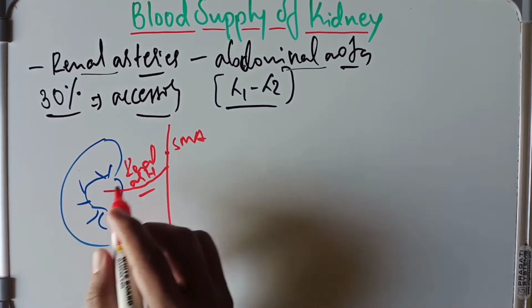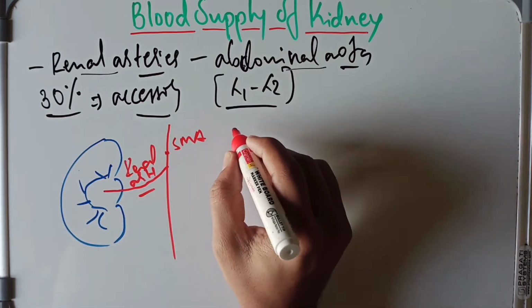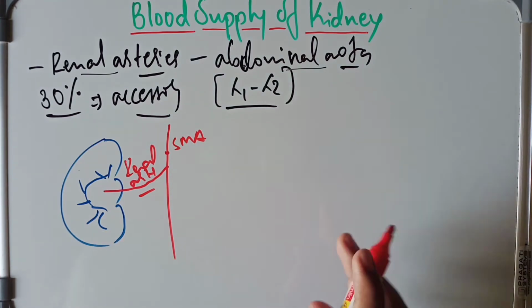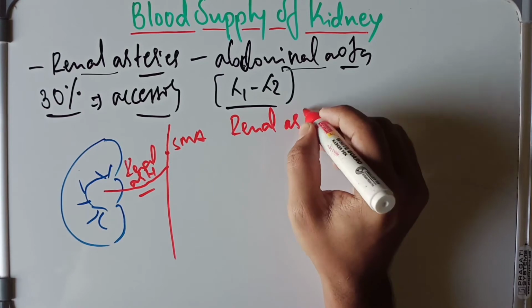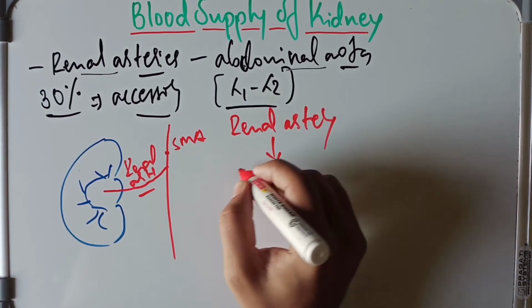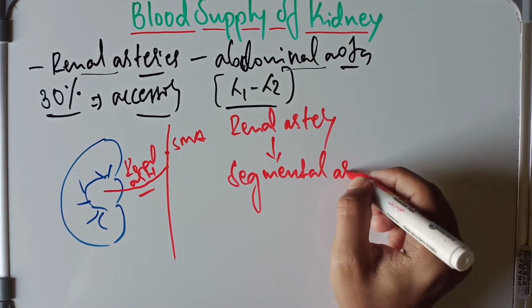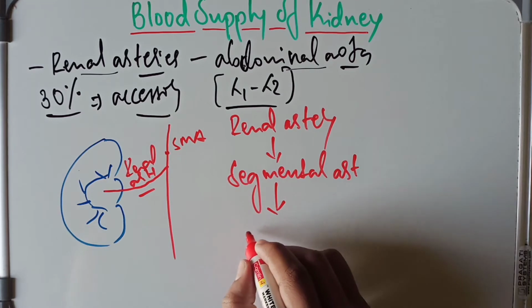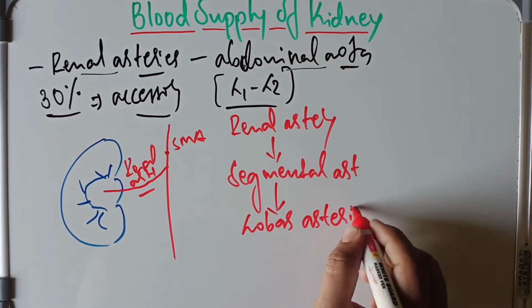So what happens after entering through the renal artery? Basically I'm just telling you the branches and I'll draw and show you in detail. From the renal artery arise the segmental arteries, and they are further divided into lobar arteries.